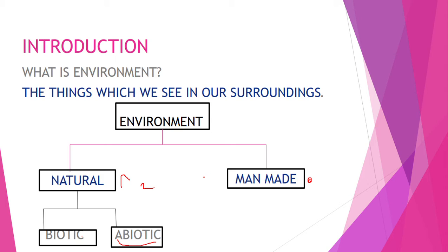We know that there are some characteristics of living things which separate them from non-living things. Man-made is total non-living, but natural has both non-living things and living things. For example, living things reproduce.